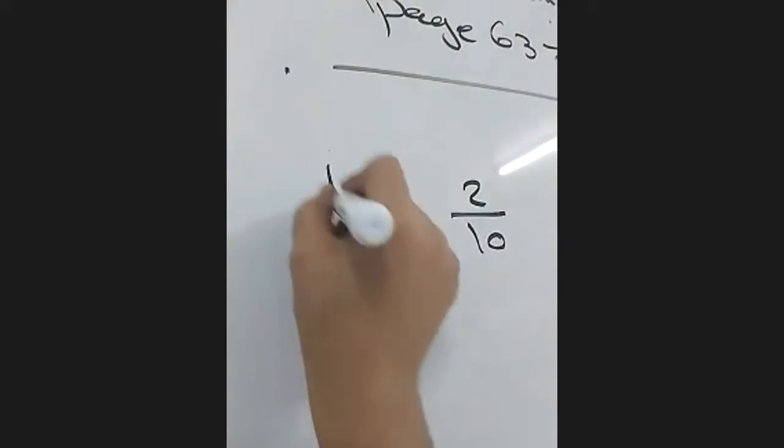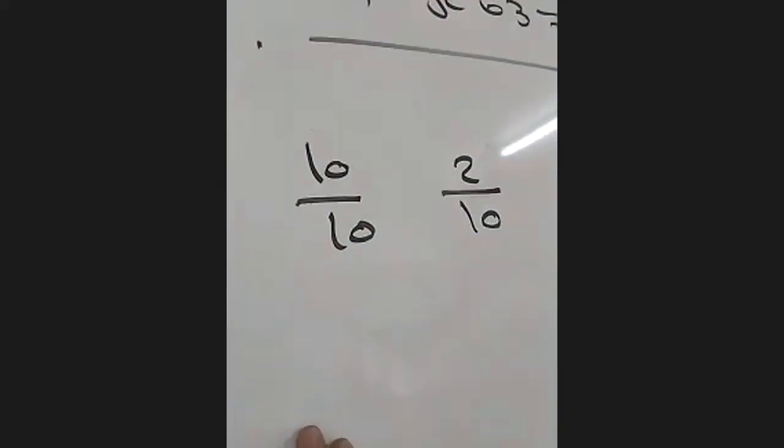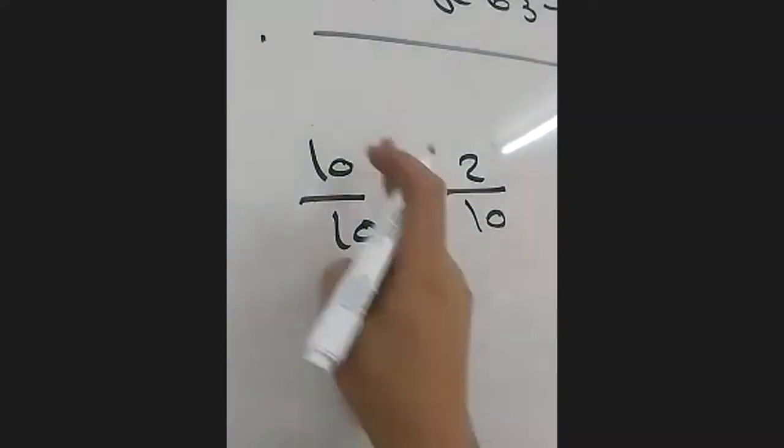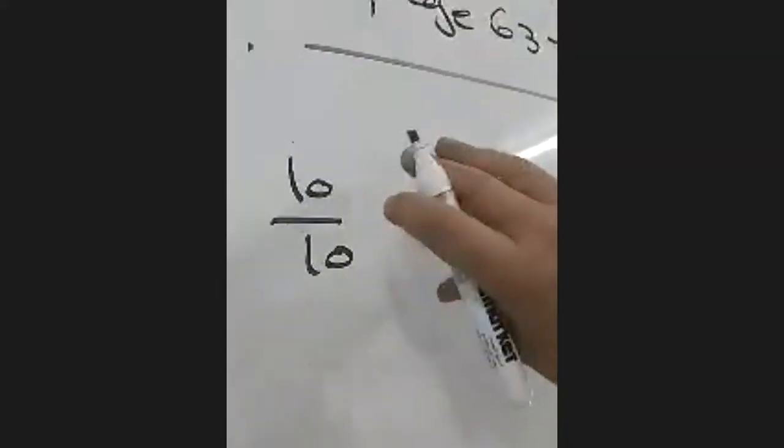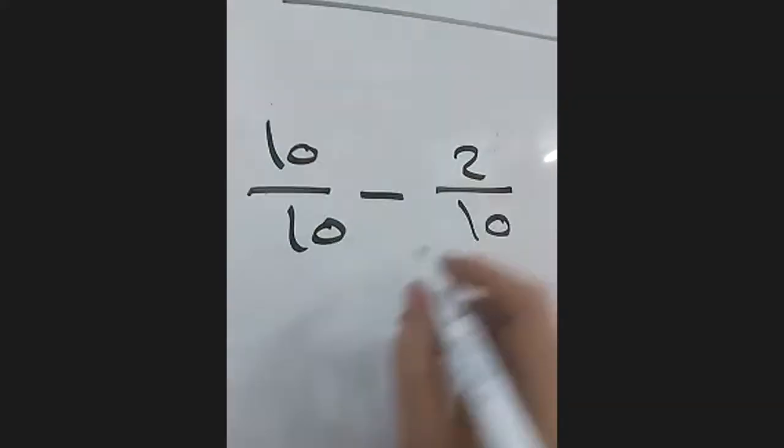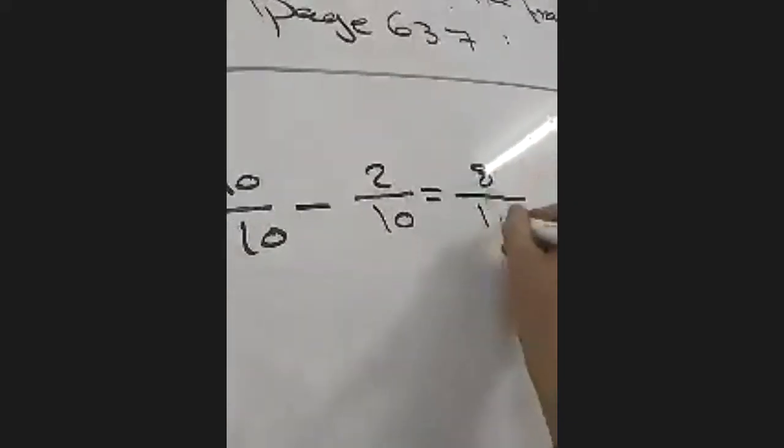I can write it as 10/10, okay? So this is the whole world ocean. Now we need to know, if we subtract the Indian Ocean, how much is left? 8/10. Simplify, divide by 2 up and down. It will be 4/5. Got it?